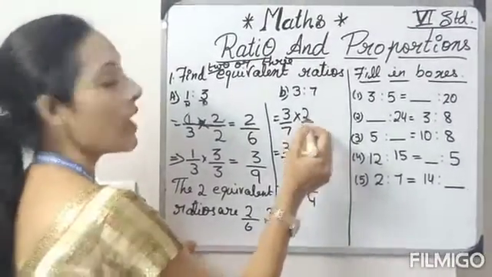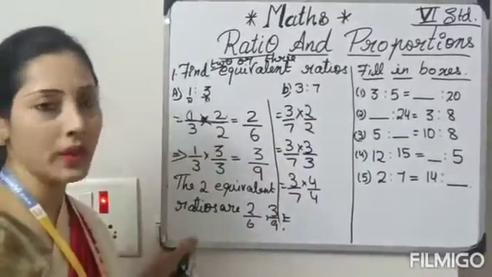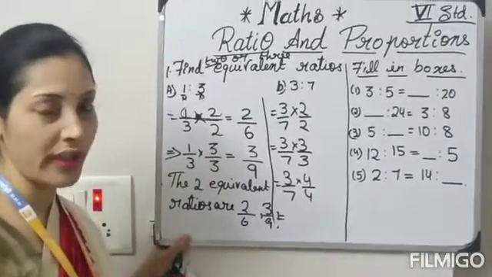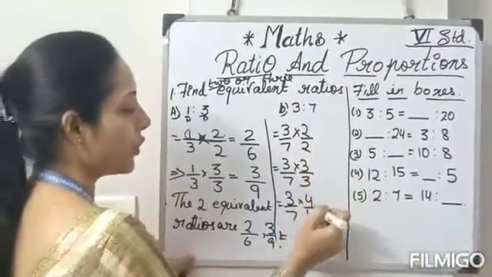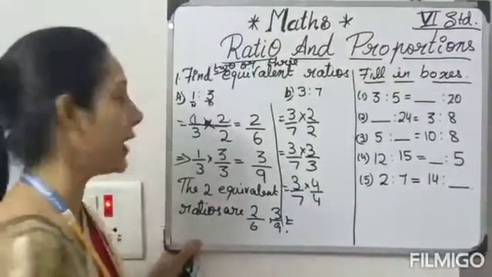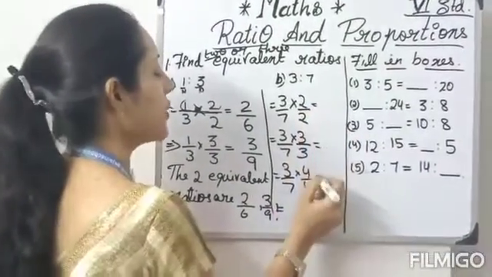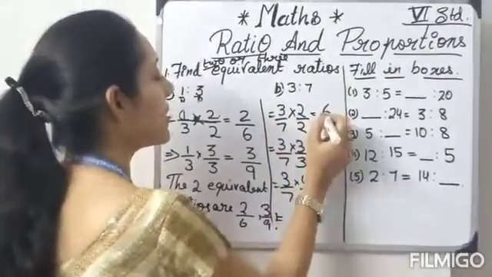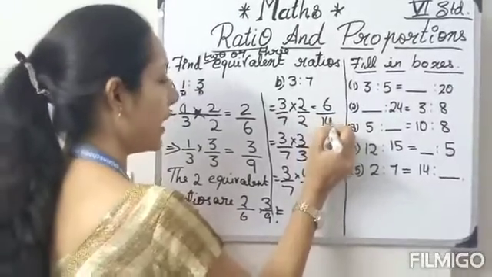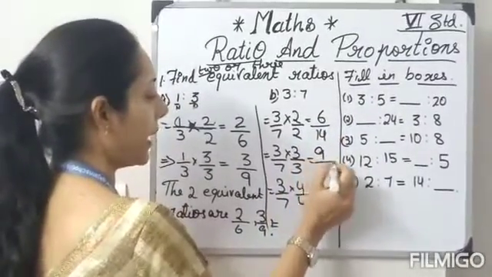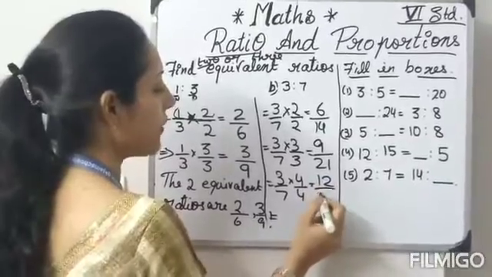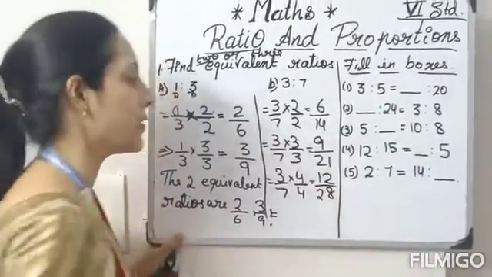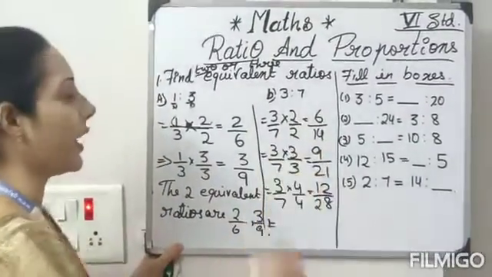So you should not take 1, you will get the same number. Ratio 1, ratio 2, ratio 3. Now do multiplications. 3 into 2, 6. 7 into 2, 14. 3 into 3, 9. 7 threes are 21. 3 fours are 12. 7 fours are 28. So these are your answers.